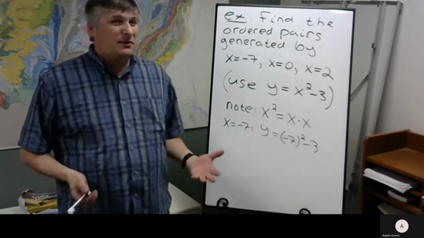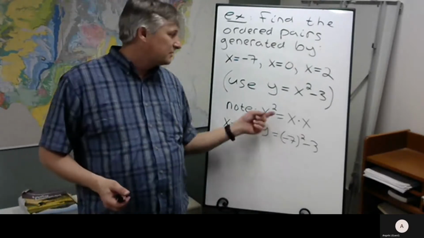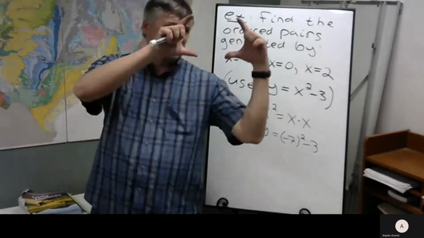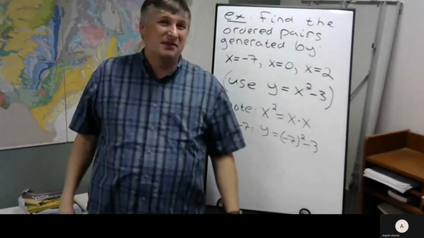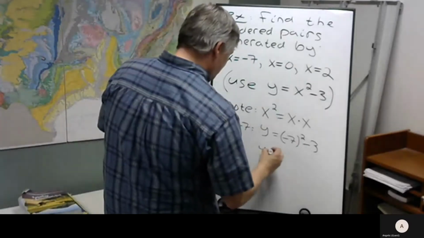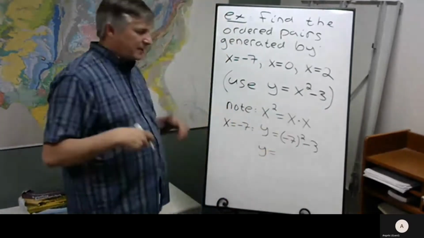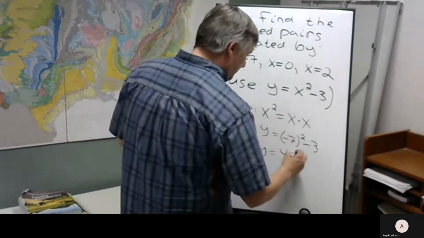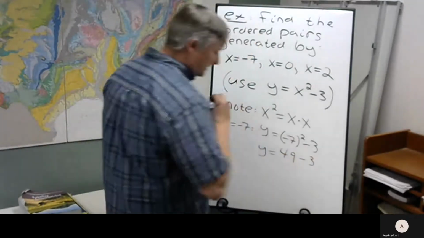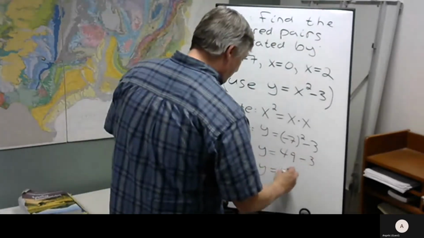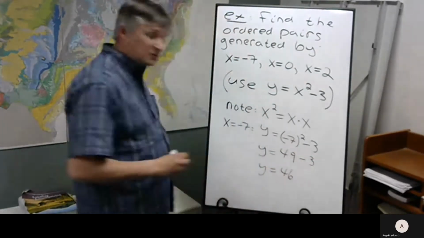And a typical thing you'll see when you replace a variable with a number, you'll oftentimes see parentheses. That's a very common thing. So -7 squared, that's -7 times -7, or +49 minus 3, or y is 46.